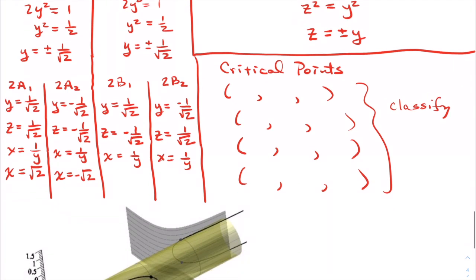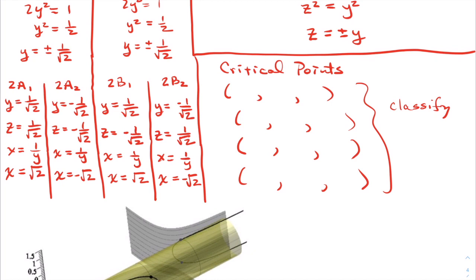So in 2b1, x will be the square root of 2. In 2b2, x is the negative square root of 2. Okay, so it looks like we have 4 solutions in these 4 cases.